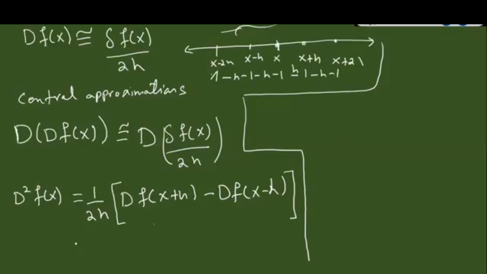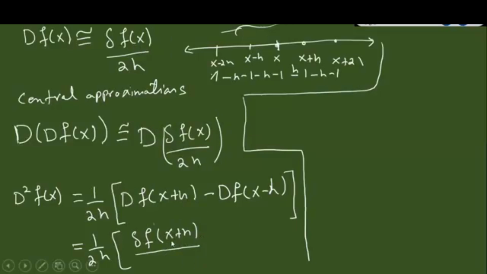So according to this criteria, 1 over 2h will remain 2h, and this will become del central, del operated at x plus h. The only thing that matters is at what point you are applying. So now I am applying at x plus h, not at x. So this is the only difference.